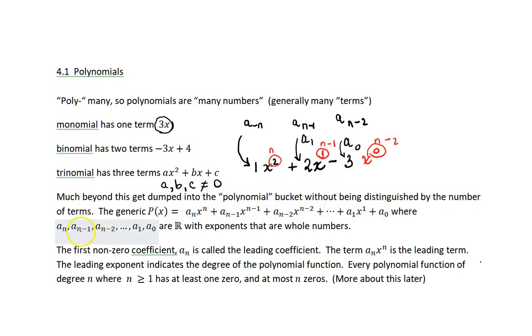All right, so here we have all of these numbers, all of these coefficients have to be a real number. And our exponents have to be whole numbers. Now, reminder about the whole numbers here. Our whole numbers start at 0 and go up like counting numbers. 1, 2, 3, and so on.